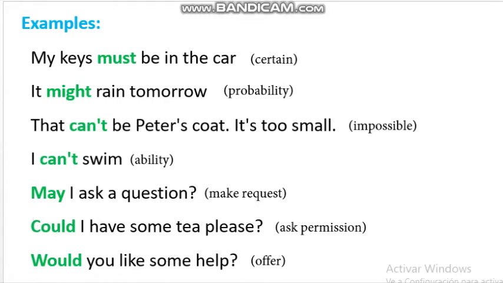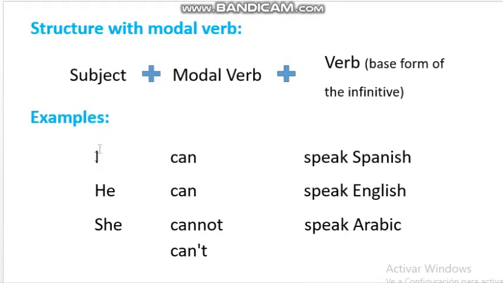Now we are going to see the structure with the modal verb. A modal verb is followed by another verb in the base form, the infinitive without to. That means we use the infinitive, but we don't use to.